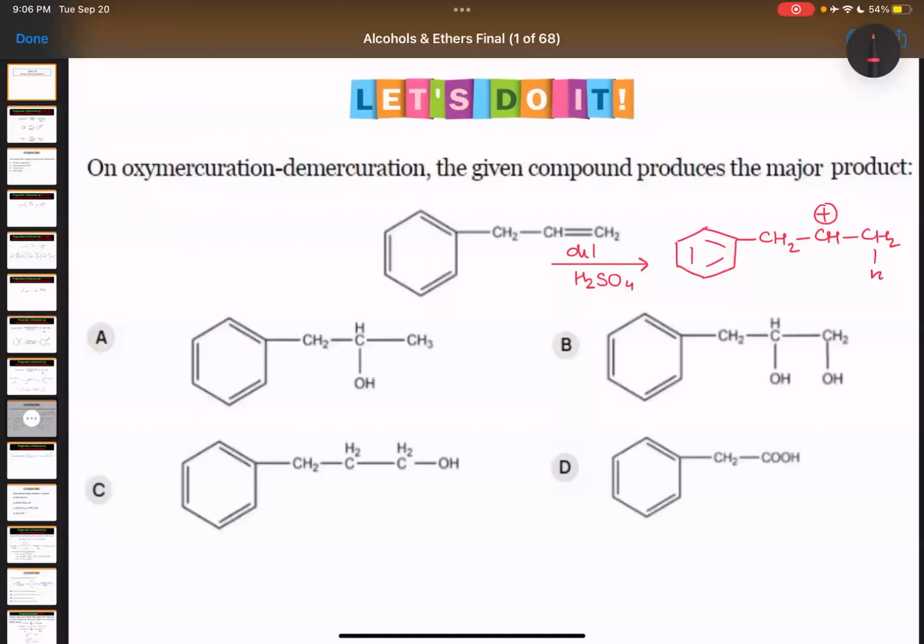The alkane is going to undergo rearrangement. Is it clear? So that is PhCH plus CH2CH3, and finally your OH is going to come here.